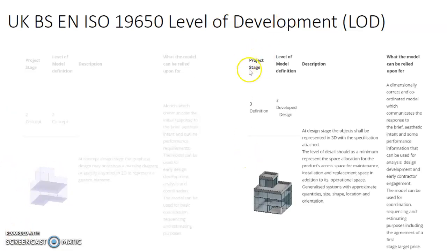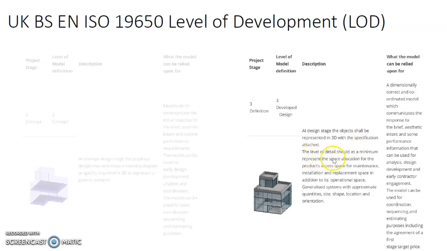So let's look at level 3. For level 3, the project stage is at the definition stage where you are able to then carry out a developed design for the project. Also at the design stage, the object should be represented in 3D with the specification attached.